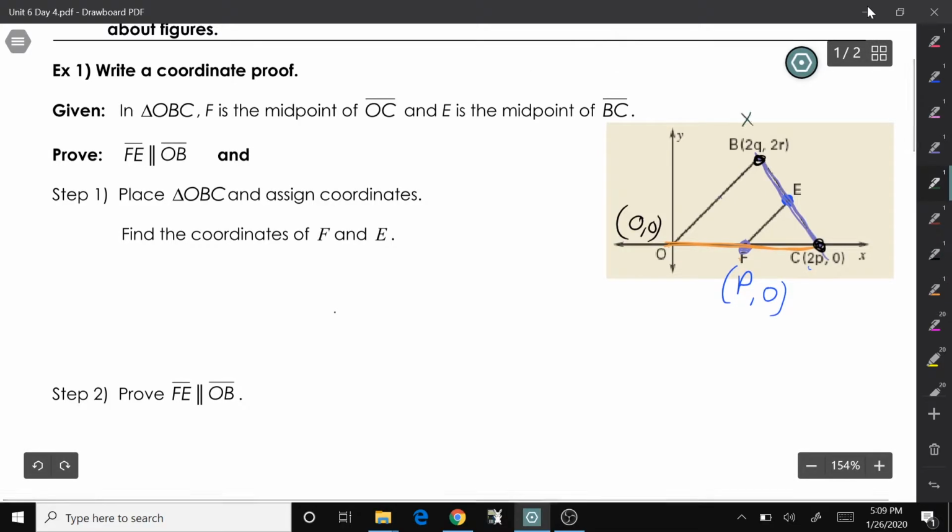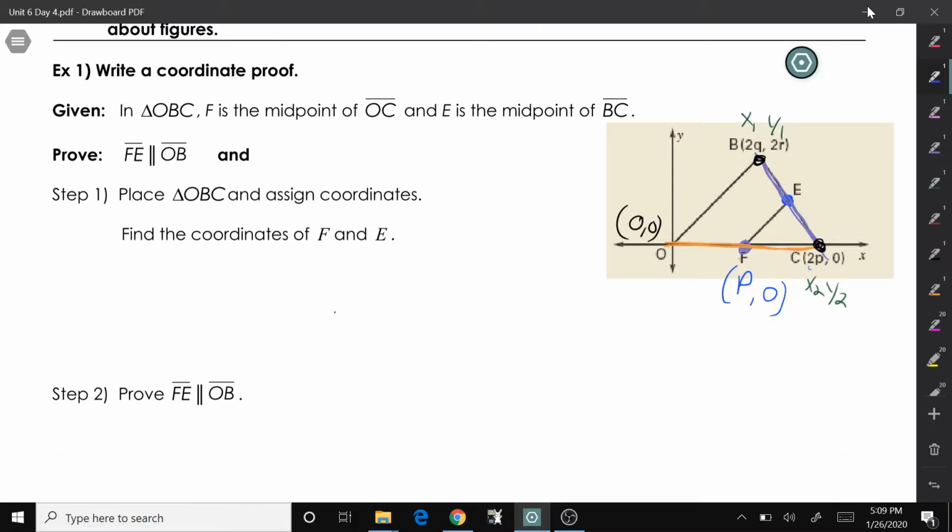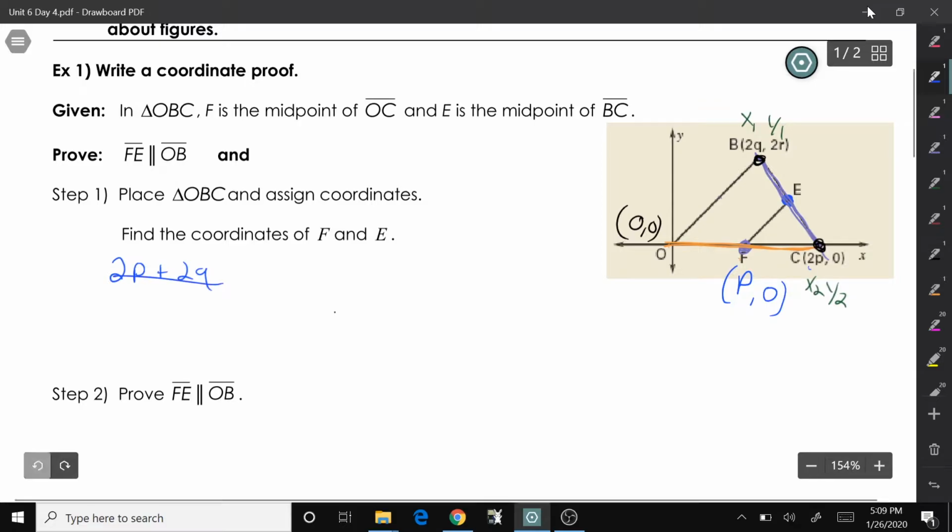So x1, y1, x2, y2. So we're going to do 2p plus 2q over 2, comma, 0 plus 2r over 2.